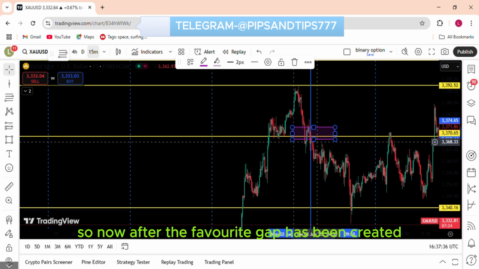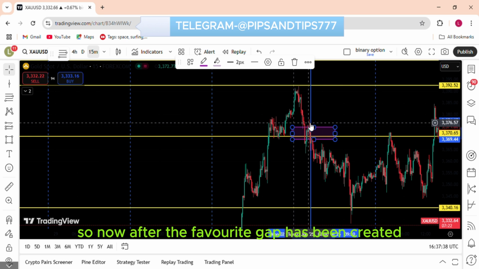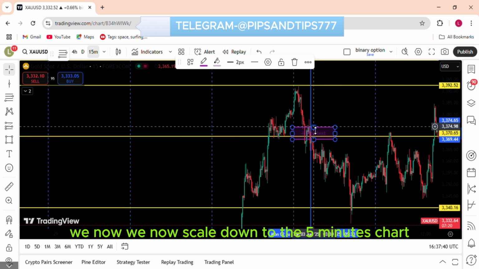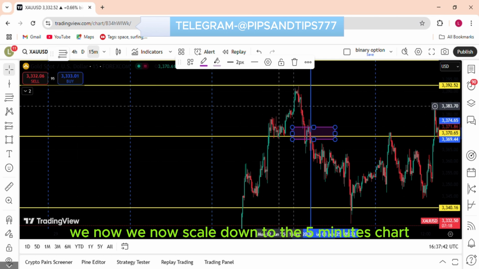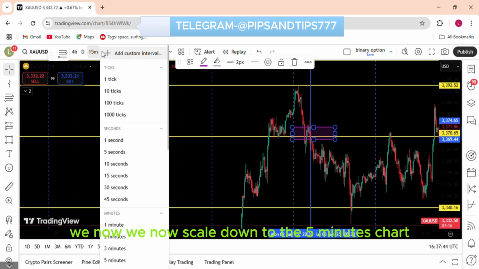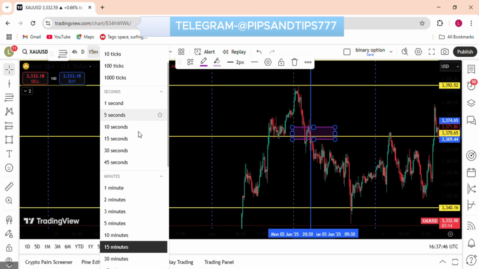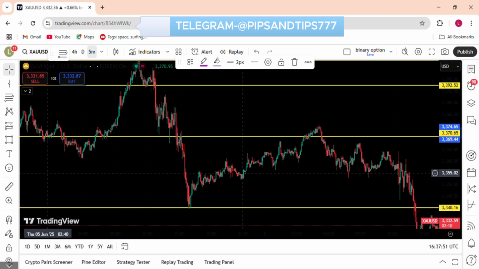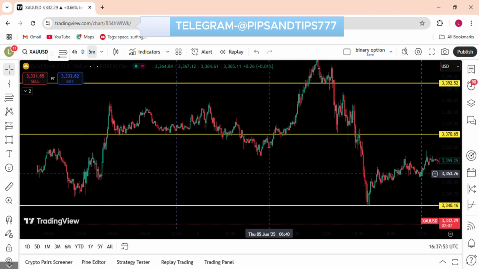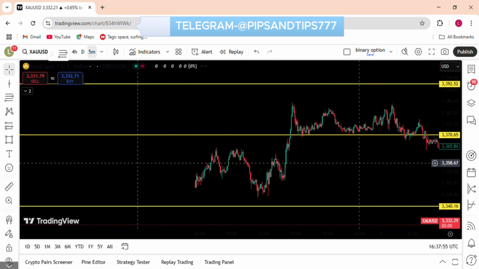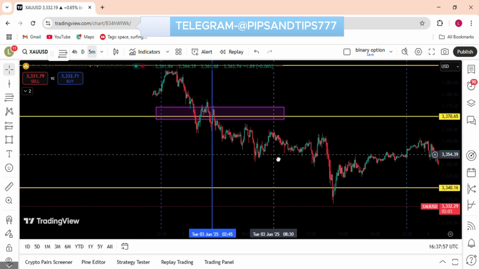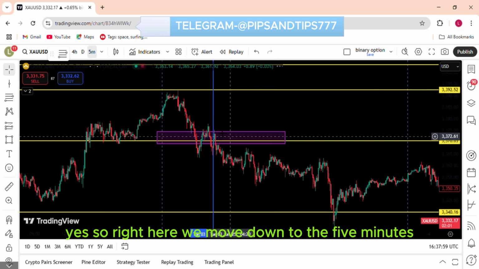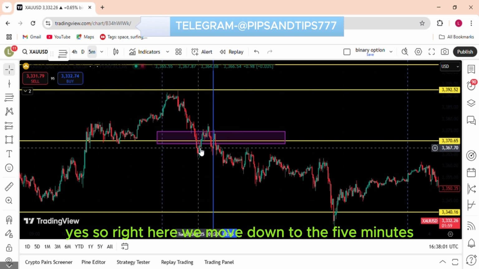So now, after the fair value gap has been created, we now scale down to the 5-minute charts. Move down to the 5-minute charts. Yes. So right here, we move down to the 5 minutes.